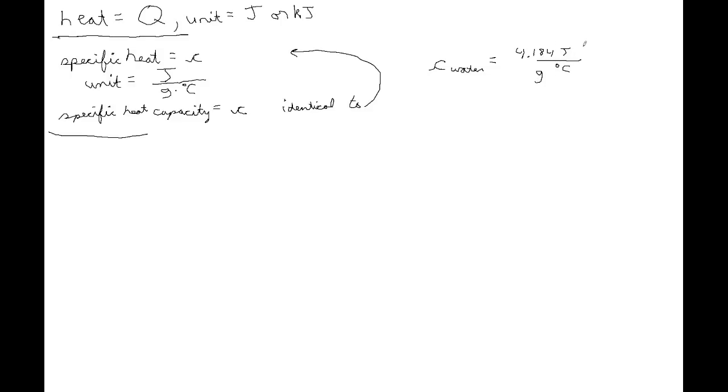How would you interpret that number? What does that tell us? For every 1 gram of a substance, or in this case liquid water, it takes 4.184 joules to raise the temperature 1 degree Celsius. Good. So we've seen that when you have compound units, a good technique is to put a number in front of each of the subunits.